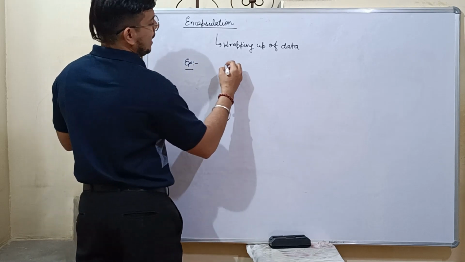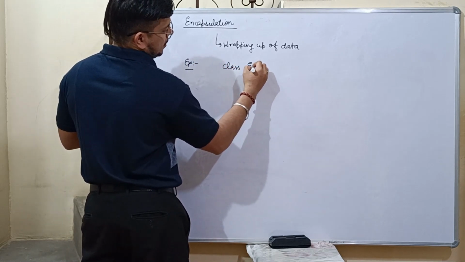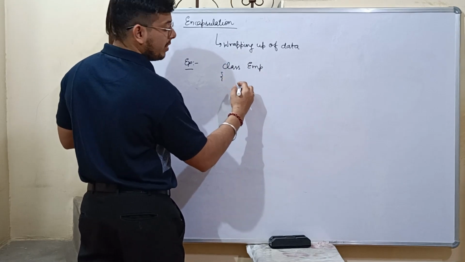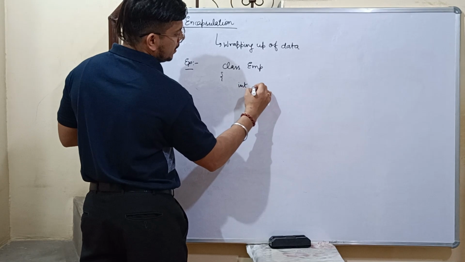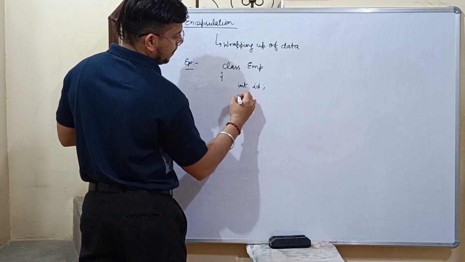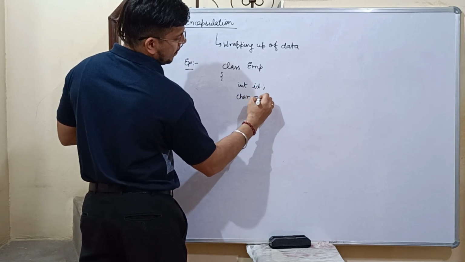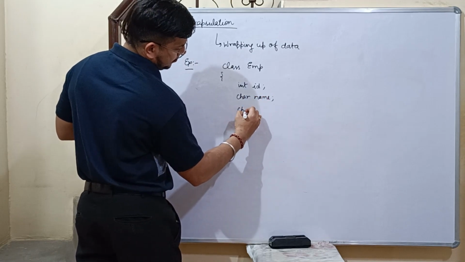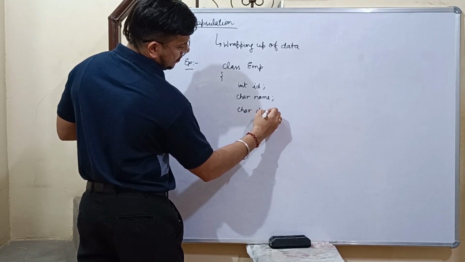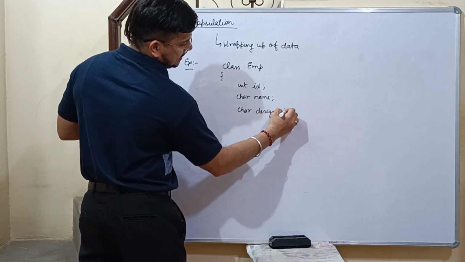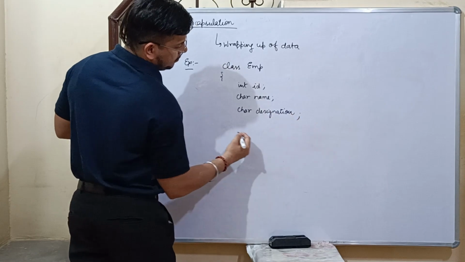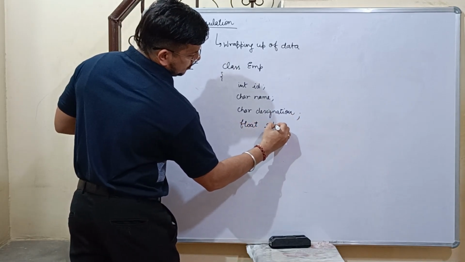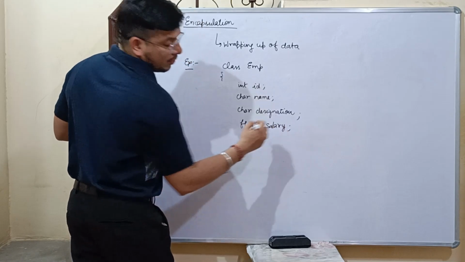If I am making a class employee, the member variables will be ID of the employee, name of the employee, designation of the employee, and salary of the employee.